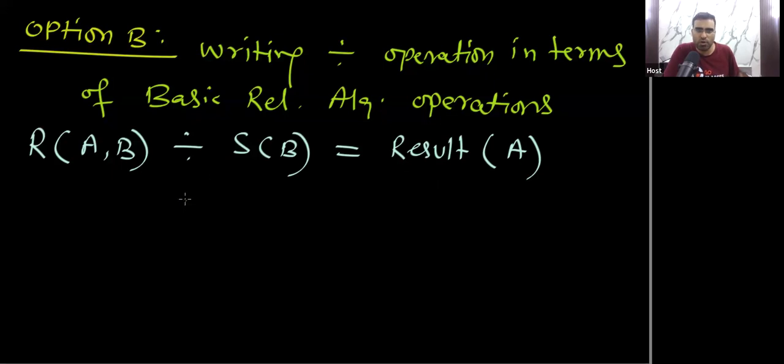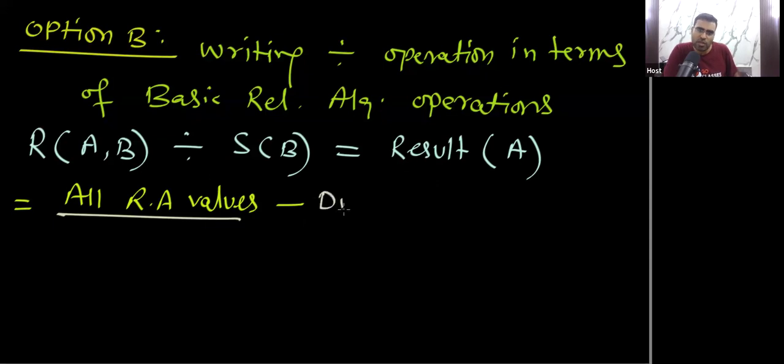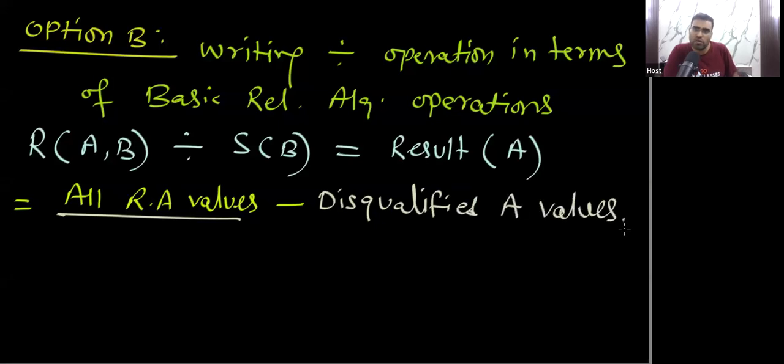Now, what is the query? Very simple. I told you the idea is very simple. All R.A values minus disqualified A values. Okay. So what are disqualified A values?